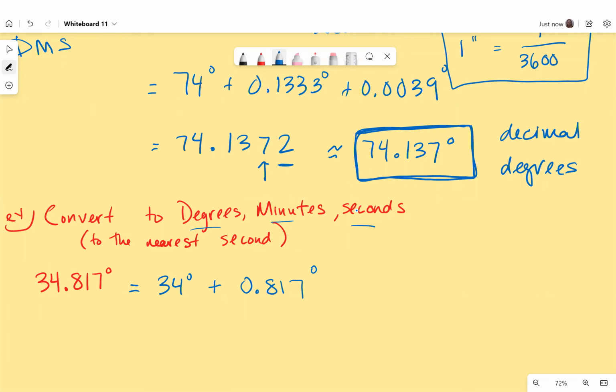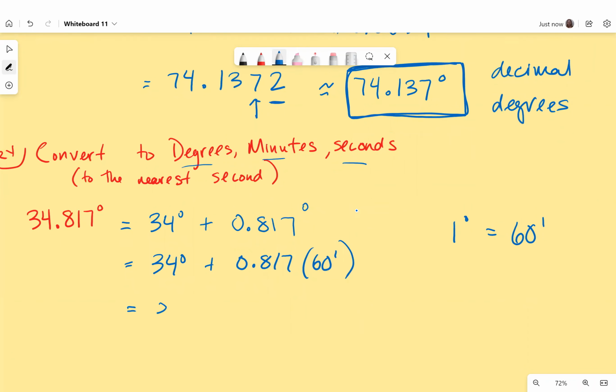So I just broke it apart here. And now remember, we're going to use our 1 degree equals 60 minutes. So if I take this degree and I'm going to replace it with 60 minutes. So here I have 34 degrees plus 0.187 times our 60 minutes.